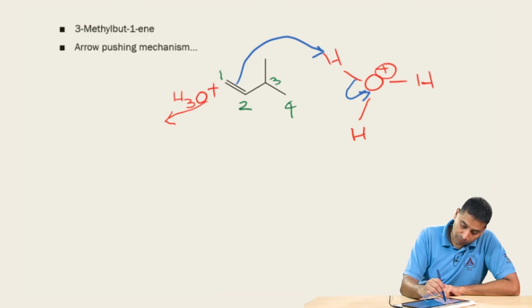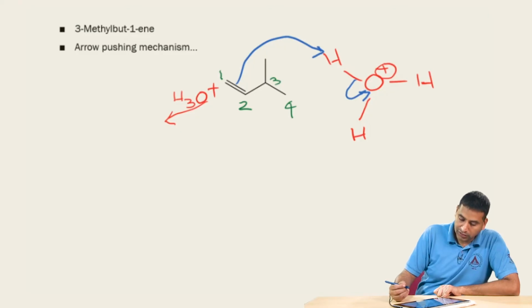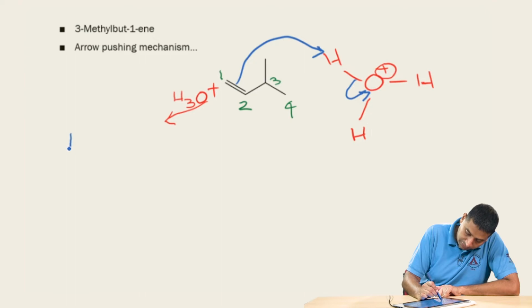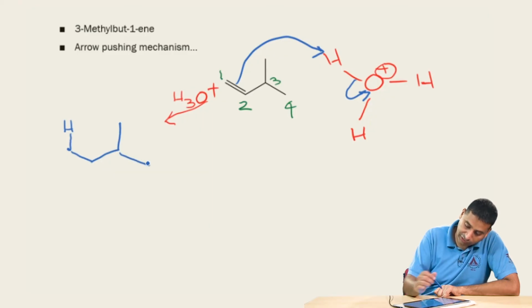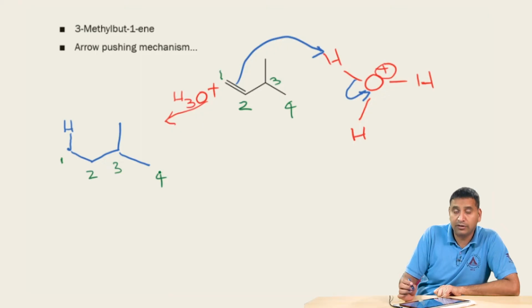Okay. So, now once you add H plus to this molecule, you have two possibilities. One is that carbon 1 reacts with this hydrogen here, and the product of this reaction would have the H over here, this is carbon 1, and the rest of the molecule remains the same. Just to go through the numbering once again, this is 1, 2, 3 and 4, and of course, the other carbon is number 5, but this is sufficient for us at this point.